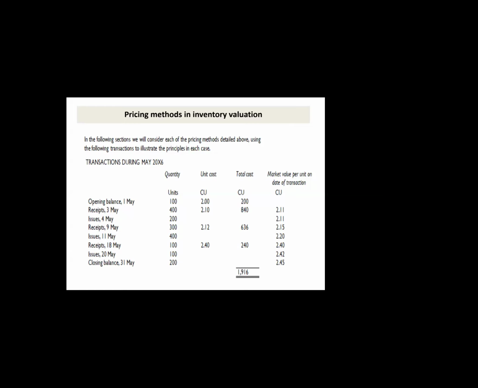The product we received earlier will be issued first, and then we will issue the next product. So we have inventory in hand on May 3 of 100 units at the rate of taka 2 and 400 units at the rate of taka 2.10. Is it clear?